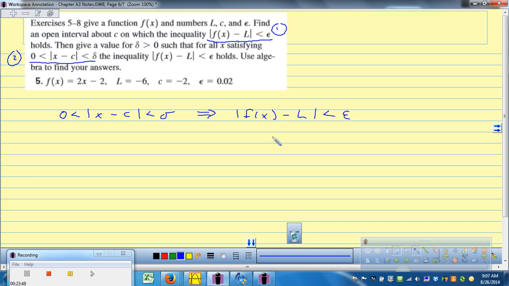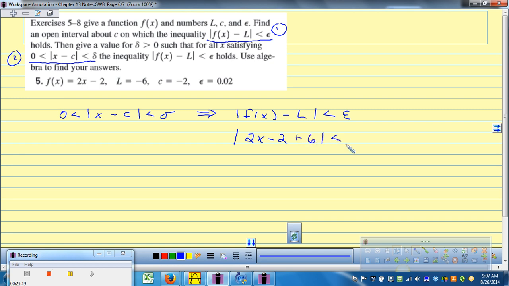And we're going to start with the right side here to find some values for x that we can use to help us find the delta in the left side of this. So our f of x is what? 2x minus 2. What is my L? Minus 6, so this will be plus 6.